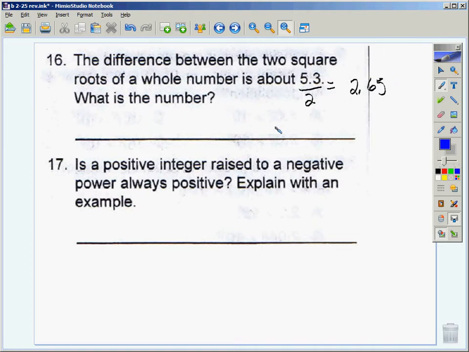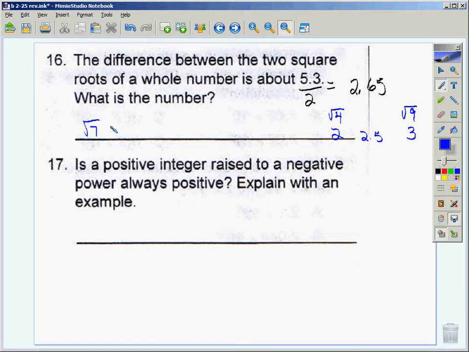Well, I know if I take the square root of 4, it gives me 2. If I take the square root of 9, it gives me 3. So I'm somewhere between 4 and 9. In fact, halfway between is 2.5, and it's above that, so I'm definitely on the top end. So I might look at the square root of 6, square root of 7, square root of 8.